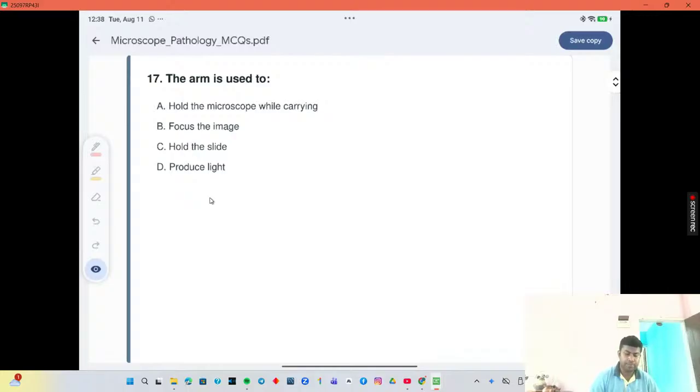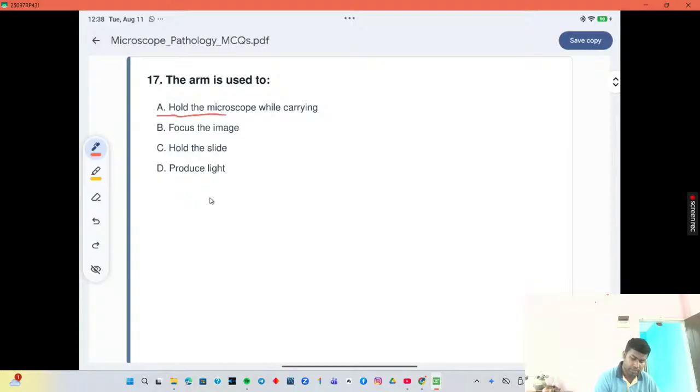We use the arm of a microscope to hold the microscope while carrying. So, what is the role of an arm in a microscope? The arm in a microscope helps us to hold the microscope while carrying.